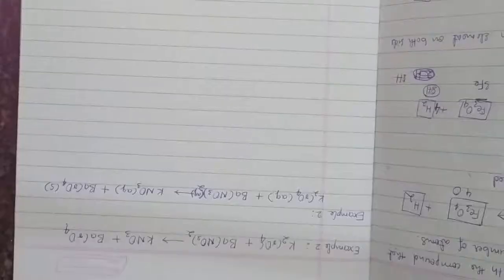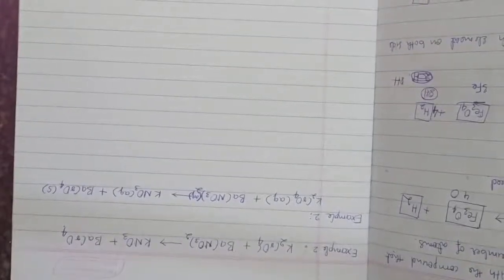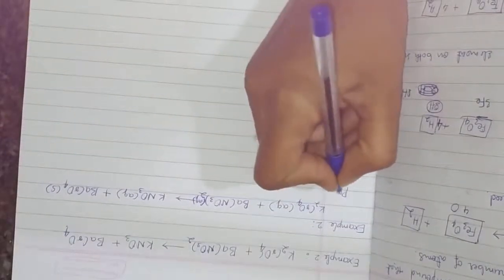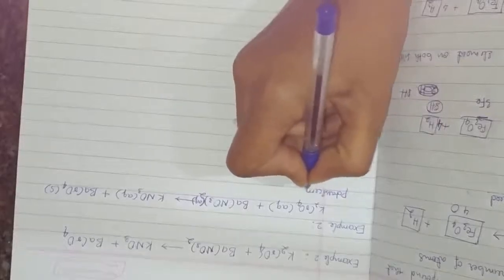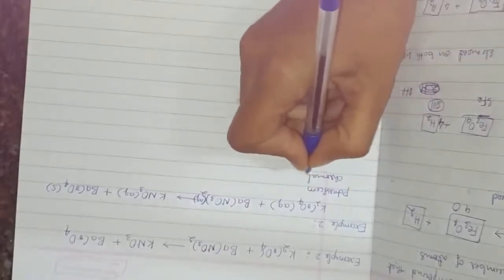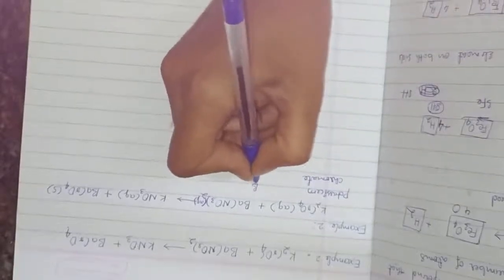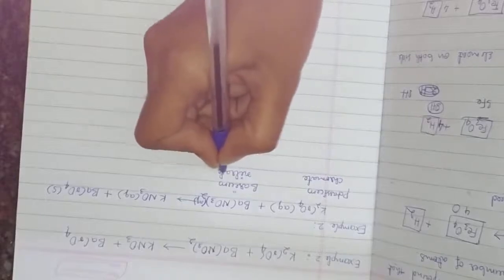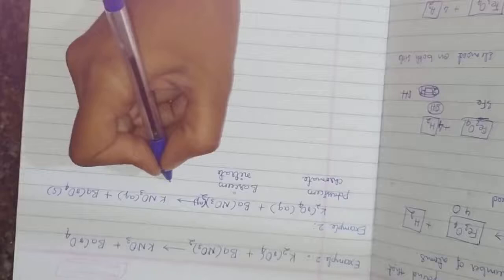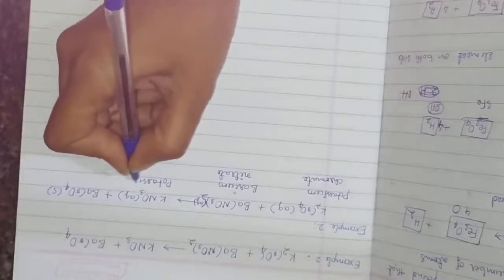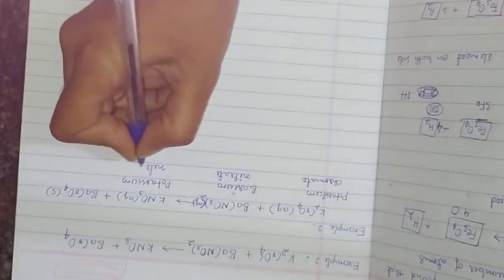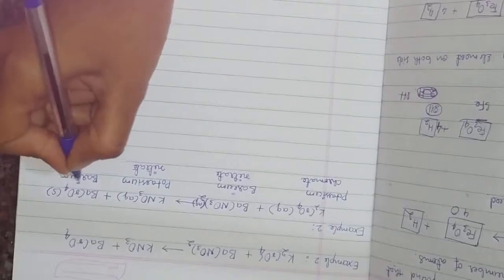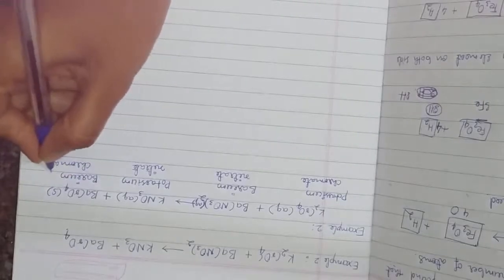Okay, children, we will balance one more chemical equation. See here, this is potassium chromate reacts with barium nitrate to give potassium nitrate and barium chromate.